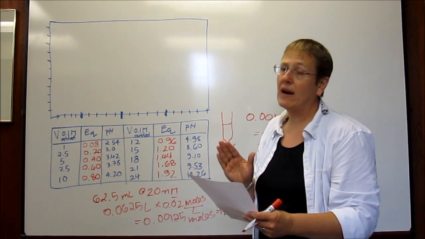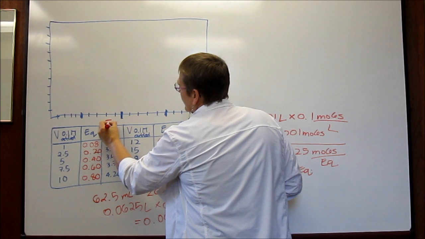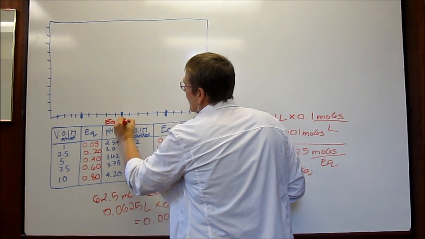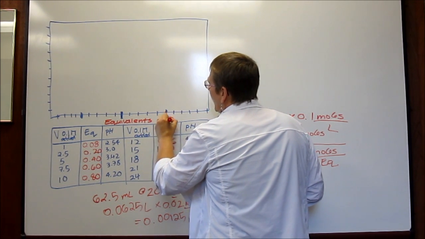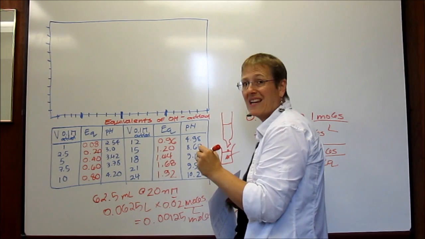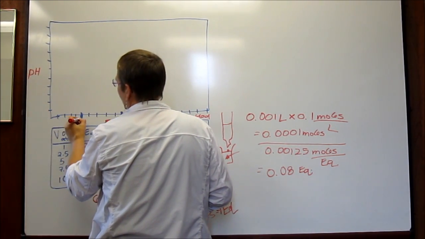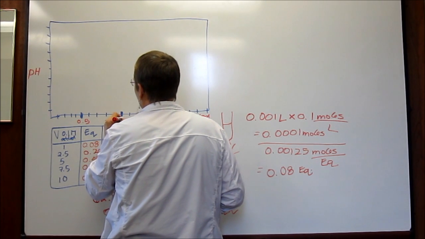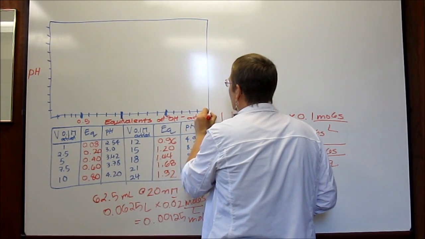Now we're going to plot a graph. We are going to use equivalents, that's our unit, equivalents, spelled correctly, of OH minus added on the x-axis, and we're going to plot pH on the y-axis. So I'm going to call this 0.5 and 1 and 1.5 and 2.